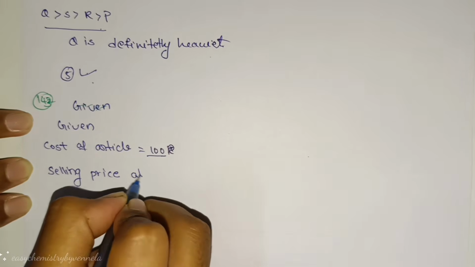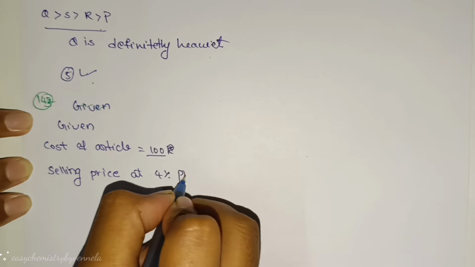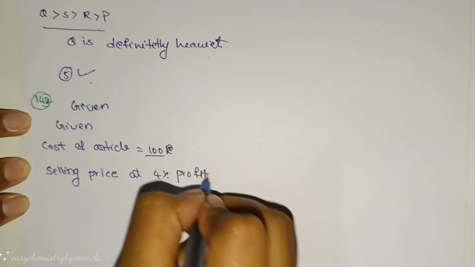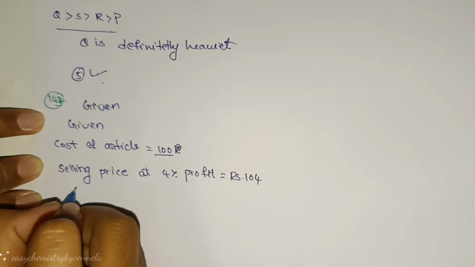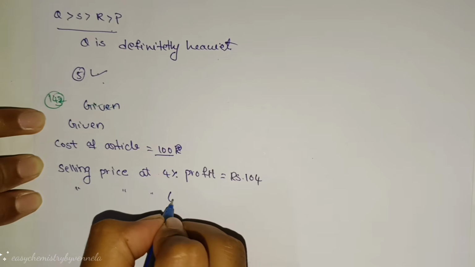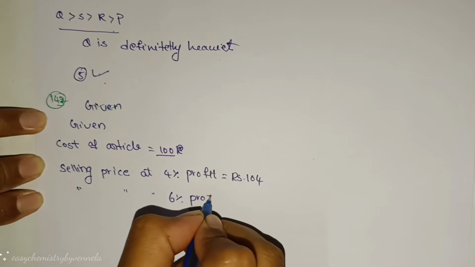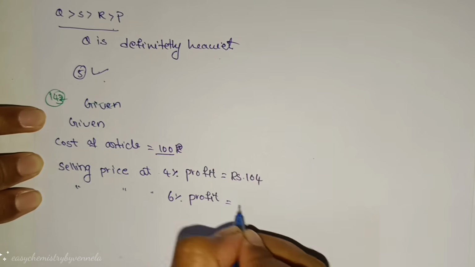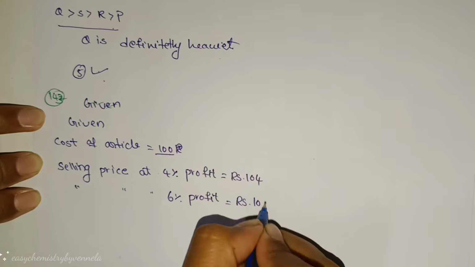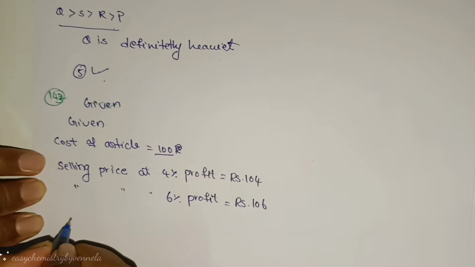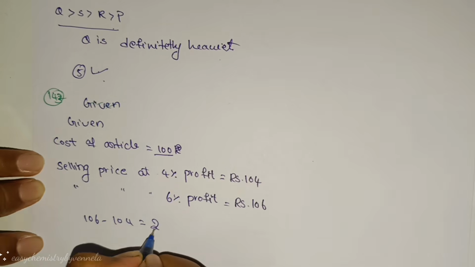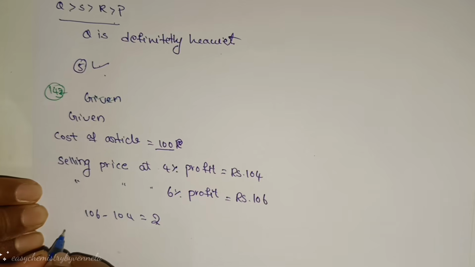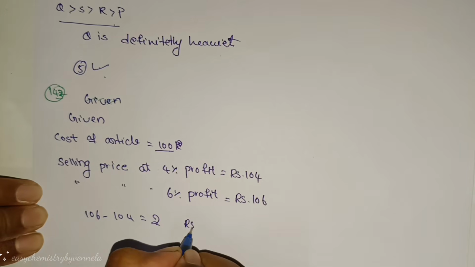Selling price at 4% profit is equal to 104 rupees. Selling price at 6% profit is equal to 106. So what is the difference? That is 2. But the question says that the difference is 3 rupees.